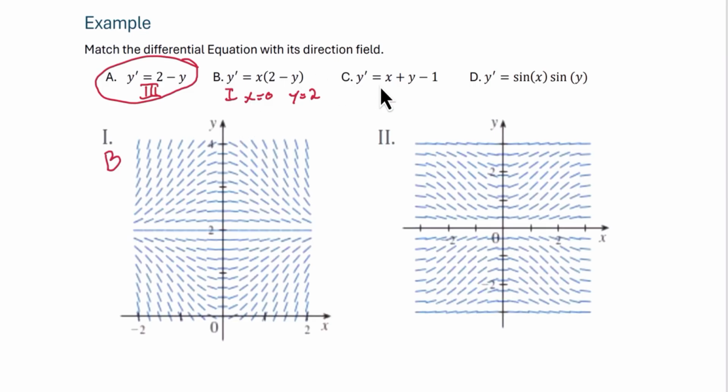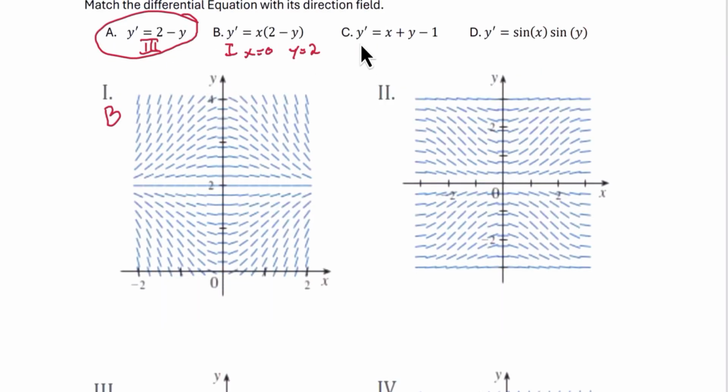In part C, again, I like to find out where y prime is 0. So let's just make it equal to 0 and see if we can solve for y. So we get y equals negative x plus 1. So anywhere along the line y equals negative x plus 1, we should have a horizontal tangent. So let's see what happens here.